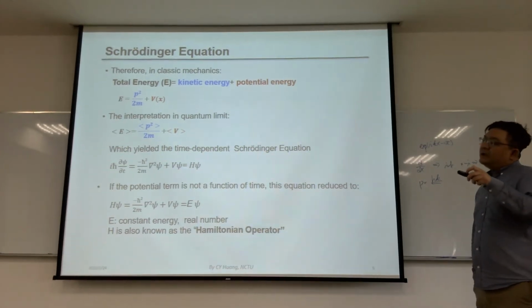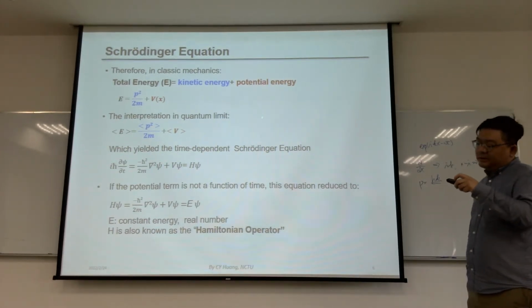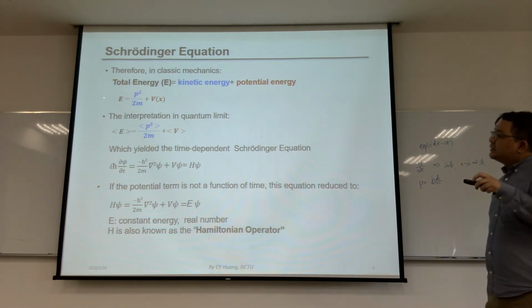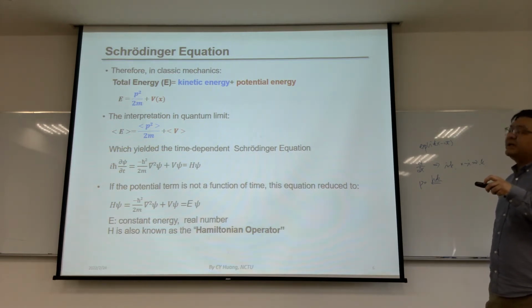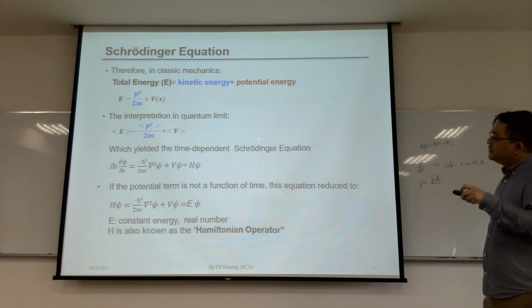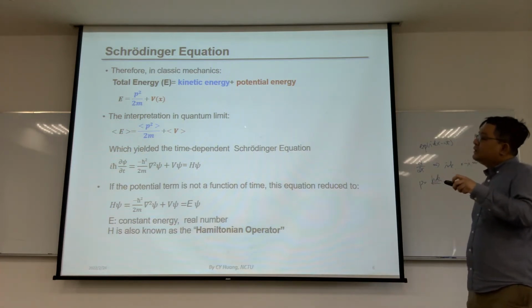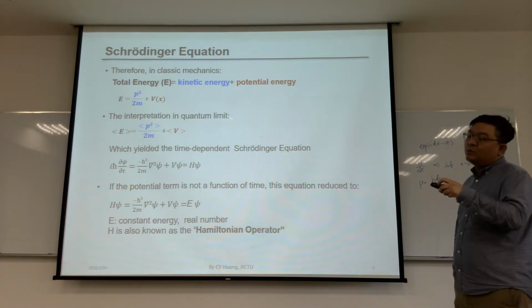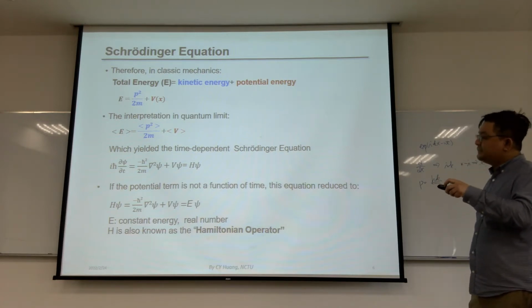Alright, so in classical mechanics, the rule of thumb is the total energy is equal to its kinetic energy plus its potential energy. So in the quantum world, we have to take all the expectations.